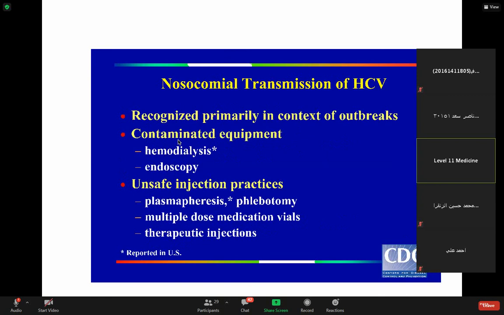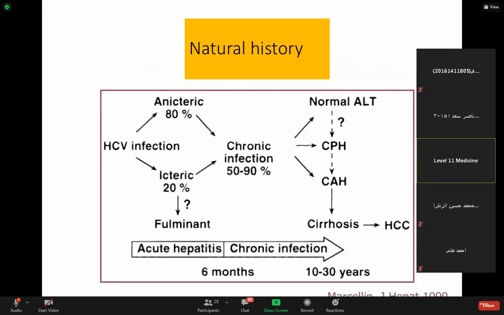Well, it can happen with contaminated equipment, like in hemodialysis or endoscopy, or unsafe injection practice, like not cleaning the equipment, which can be disastrous if it actually happens in a hospital or any other medical institute.